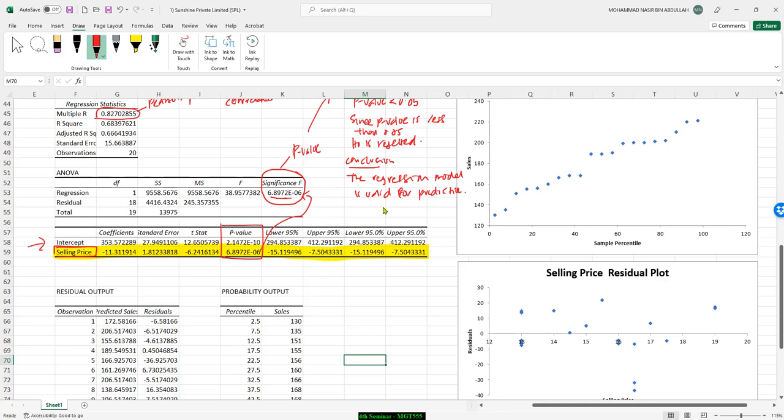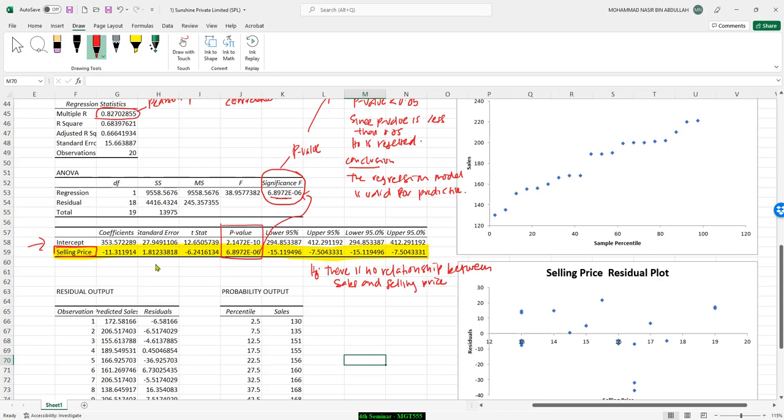dia punya kita kata macam ni, the null hypothesis: there is no relationship between sales and selling price.